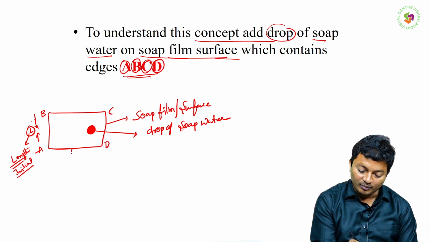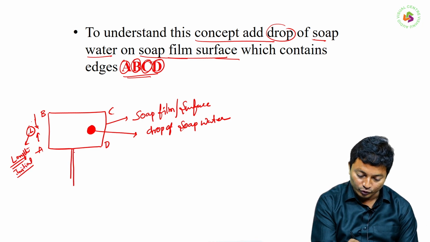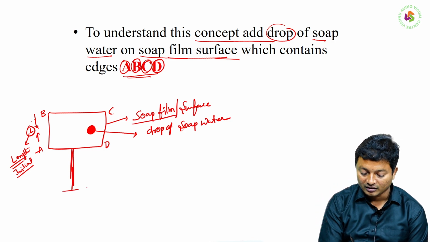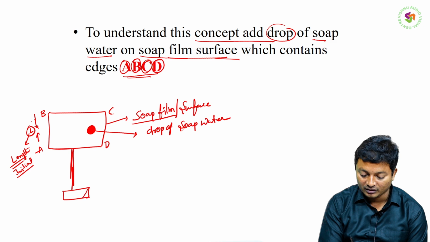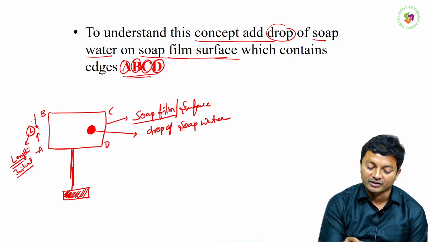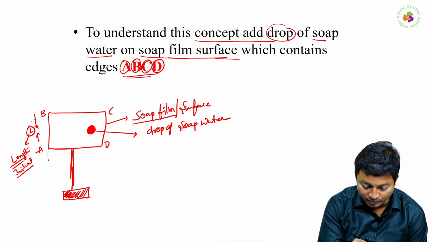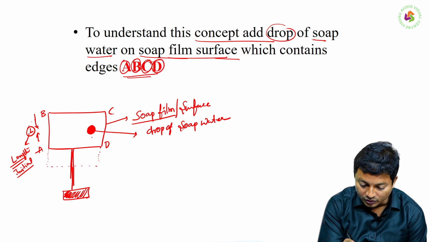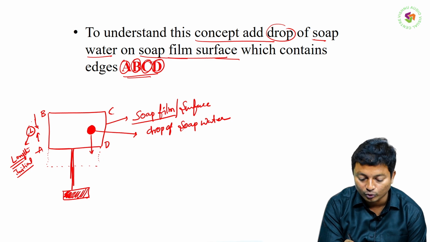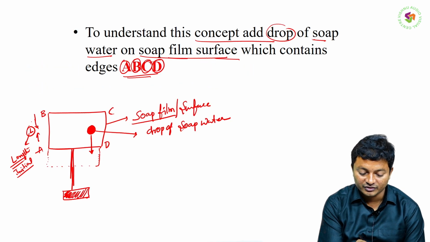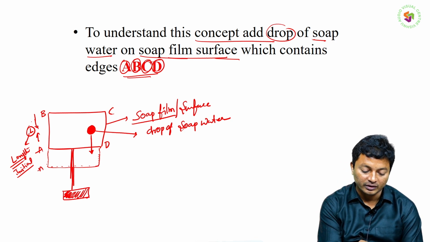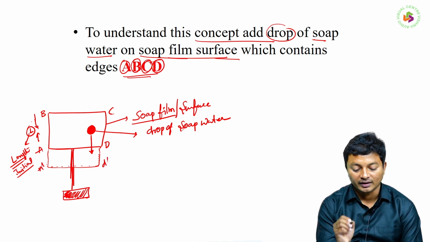And once we apply some hanging force to this film surface, the force will act like this, so this length will increase. The drop of soap will increase its distance from A to A dash, D to D dash.